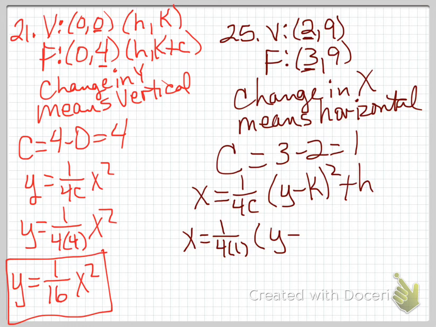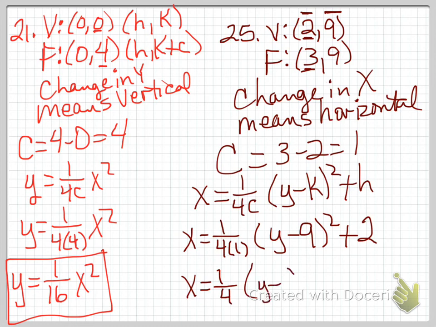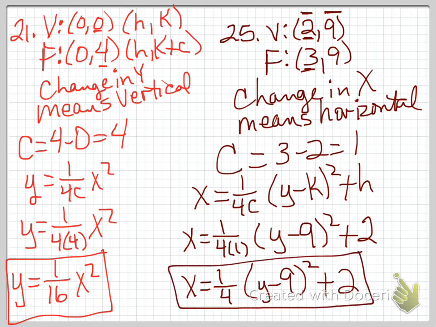My k in my vertex here is 9, squared, plus my h in my vertex right here is 2. Okay, multiply that all out. We have x is equal to 1 over 4 times y minus 9 squared plus 2. And that's my final answer.